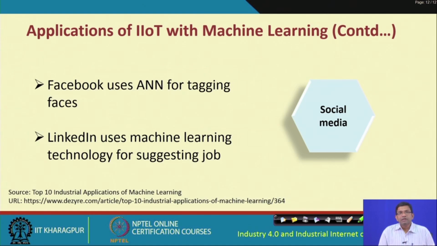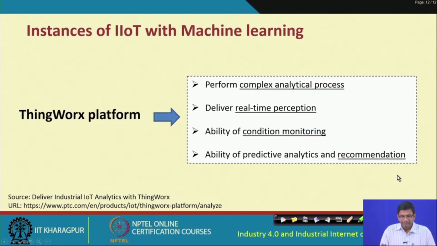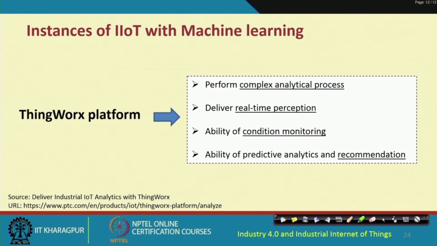LinkedIn uses machine learning technology for suggesting jobs. ThingWorks platform is another example which performs complex analytical processes, delivers real-time perception, offers the ability of condition monitoring, and offers the ability of predictive analytics and recommendation with the help of different machine learning techniques.